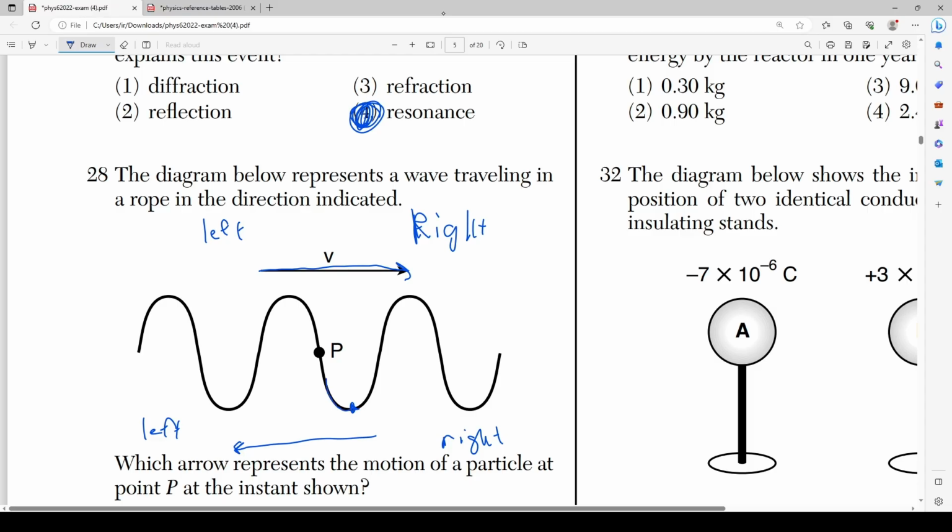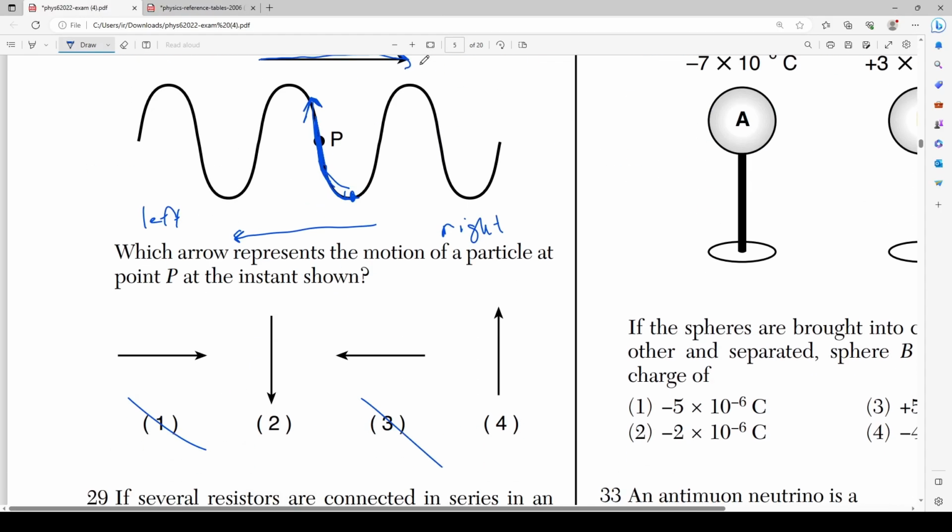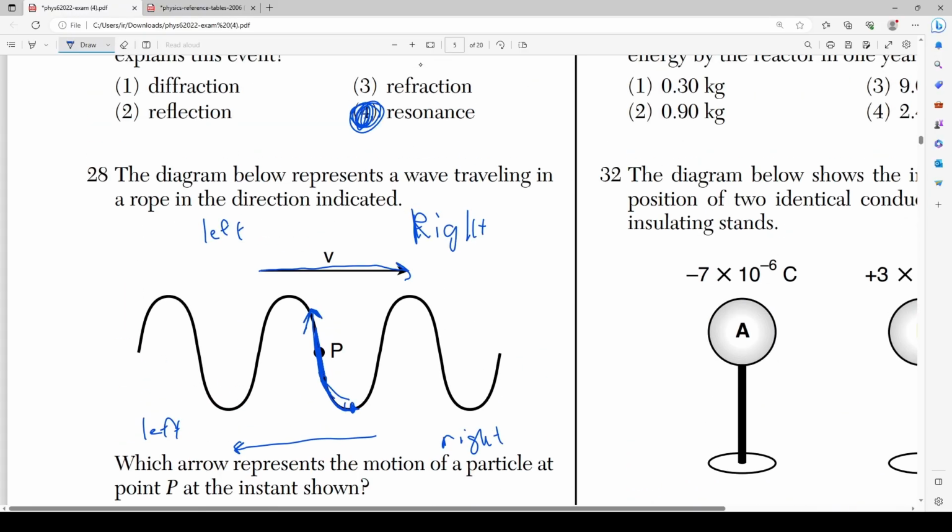Notice that as I go from right to left, this wave is pointing upwards, and because of that, the particle is going to have to go upwards at this exact instant as the wave moves forward.